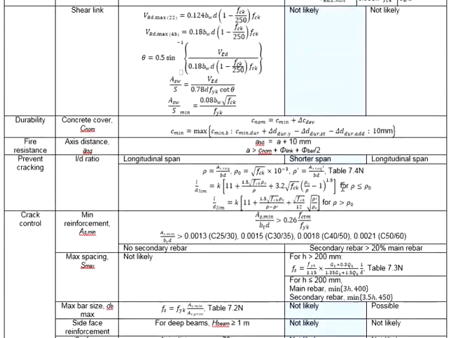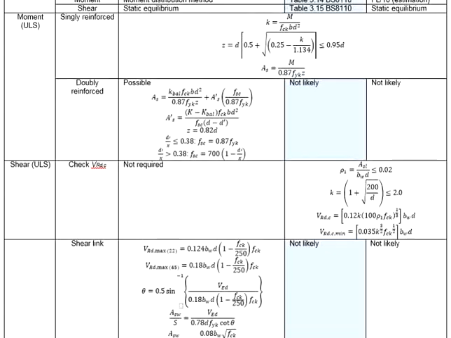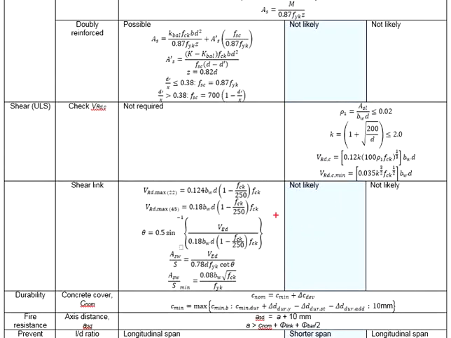Another major difference between the Eurocode and the British standard is the shear reinforcement. For the shear links of the beam, British standard allowed the application of mild steel bar, such as R6, R8. However, for the Eurocode, by default, the shear links should be high-yield steel bar, such as H10.